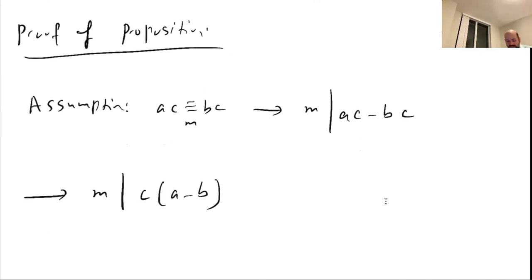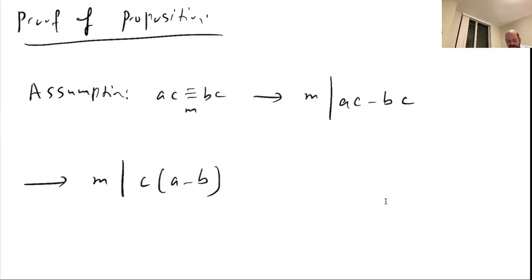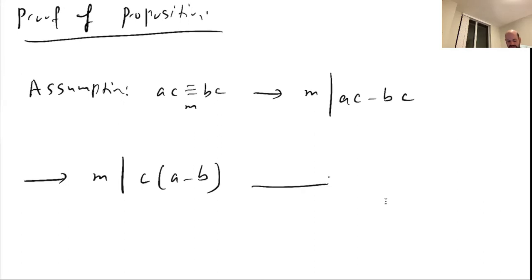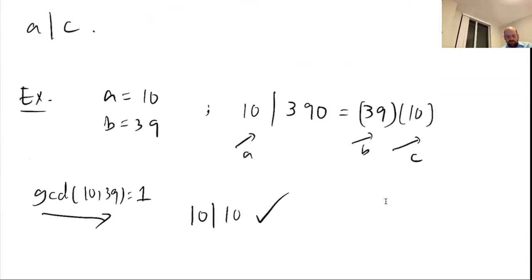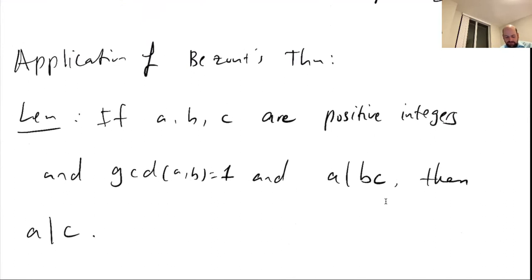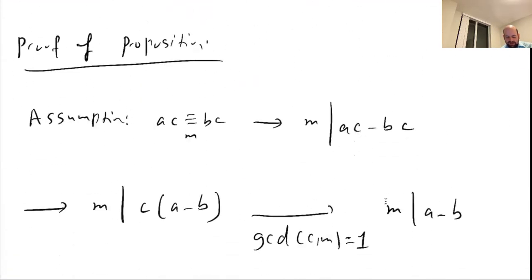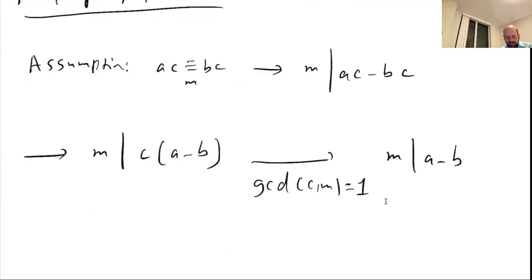Now, M divides C times A minus B, and my assumption is that GCD of C and M is 1. So that means M divides A minus B, right? Remember the lemma. The lemma was saying if A divides BC, and A and B are relatively prime, then A divides C. So here M divides C times A minus B, and M and C are relatively prime.